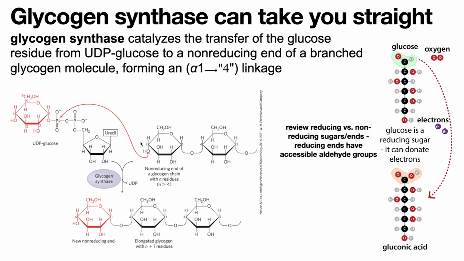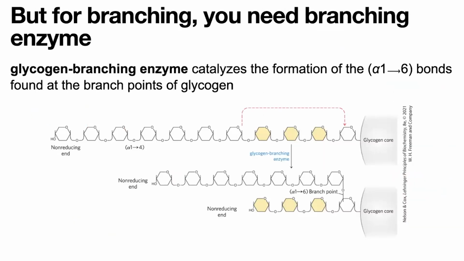This is an alpha linkage, and it gives us this straight chain. When we looked at glycogen structure, we saw that there were a bunch of branches, and to add those, there's another enzyme, a branching enzyme. The branching enzyme takes a part of the chain and shifts it over, so we get this alpha 1,6 linkage, where we have the branching from the 6th point.